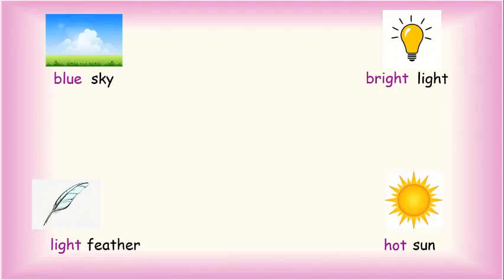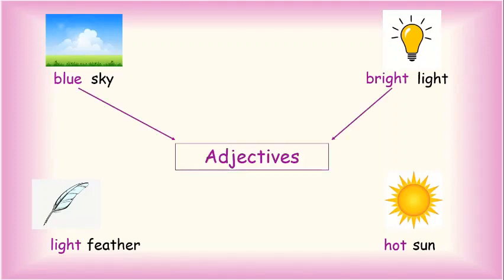So here the word light tells us about the weight of the feather. And the hot sun. The sun feels very hot. So hot describes the sun. So blue, bright, light and hot are all adjectives.